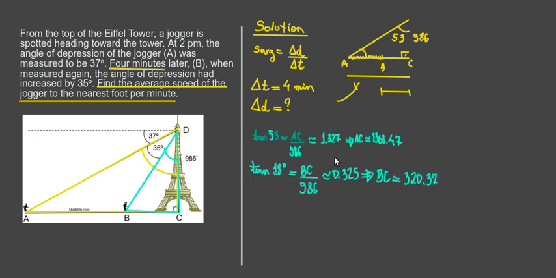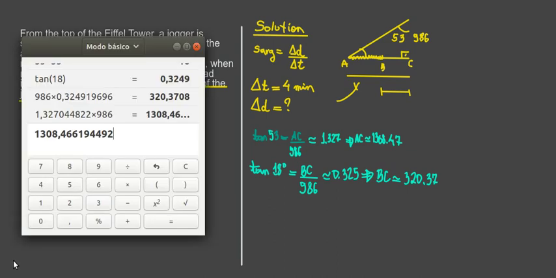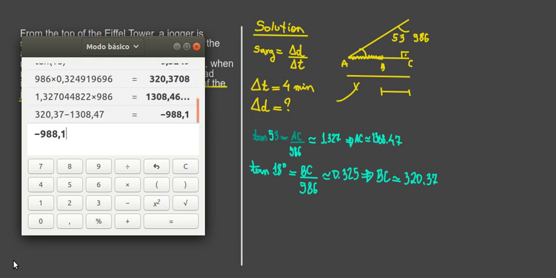So let's use the calculator for doing this subtraction. This value here is the one that we need to subtract from 320.37. Let me just use the same number that I'm using there in my approximation. What is going on here? Oh, okay, it's the other way around.